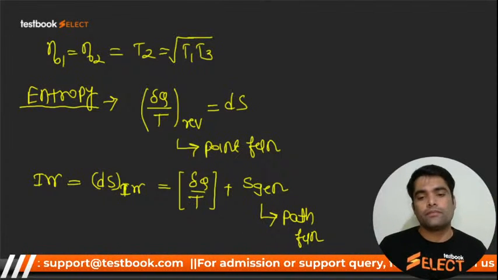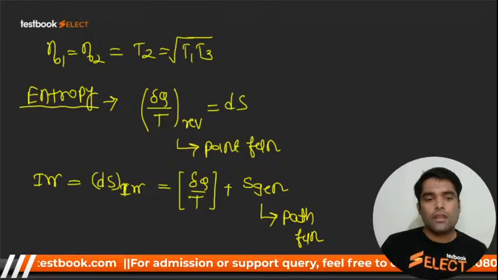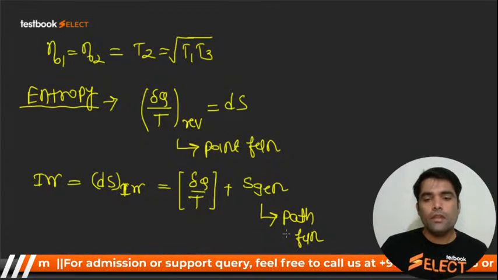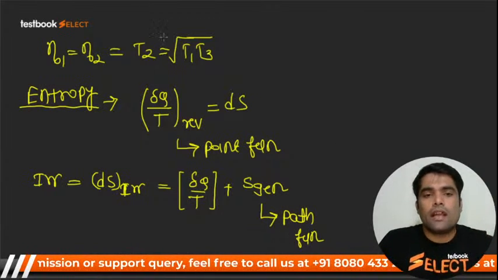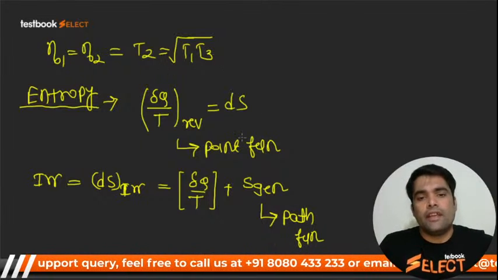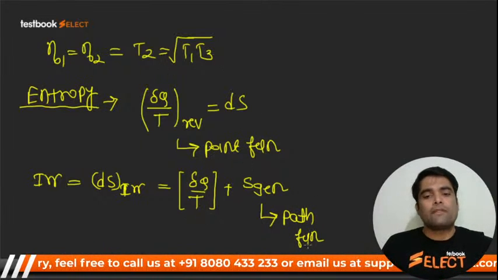It is not a point function. It is a path function, right? We have done ds equals dq by T plus entropy generated, path function.